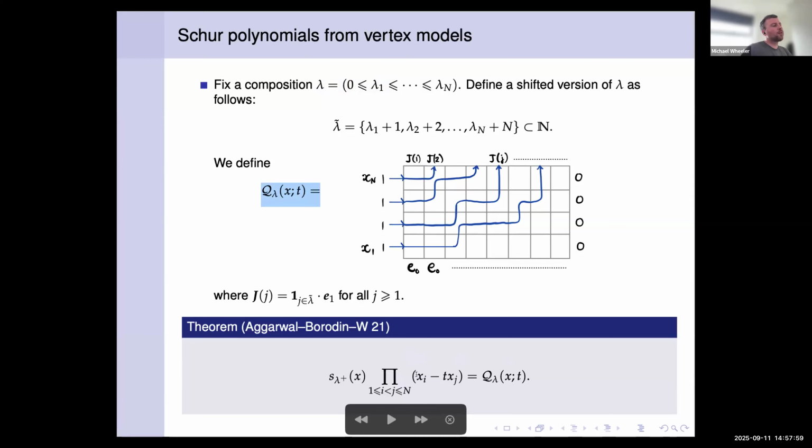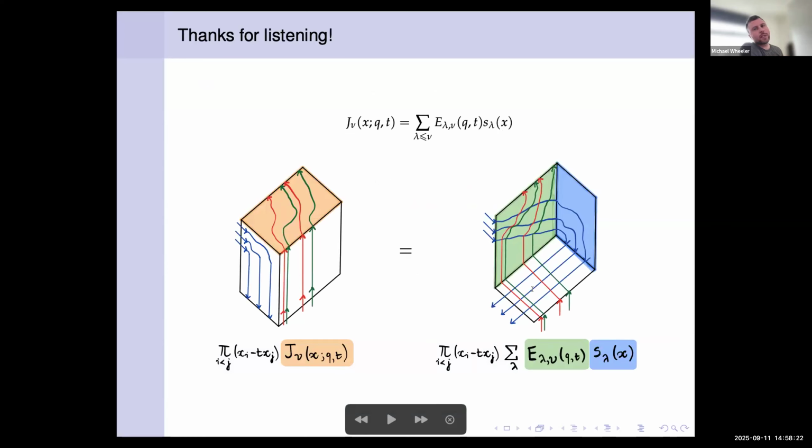And it turns out that all of the t dependence is actually fully explicit in this fully factorized form here as a t-Vandermonde. So if you compute this partition function, you get the Schur polynomial times a fully explicit t-Vandermonde. So this is all the ingredients that one needs to basically go ahead and do the computation.